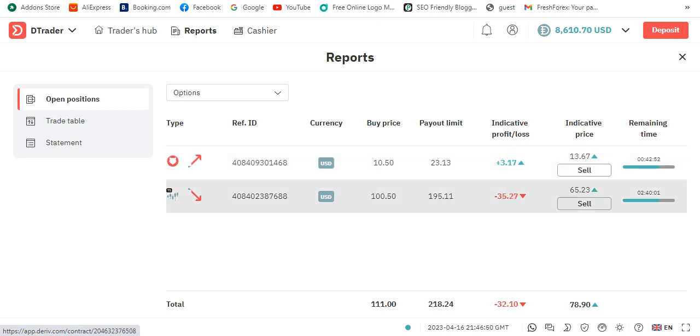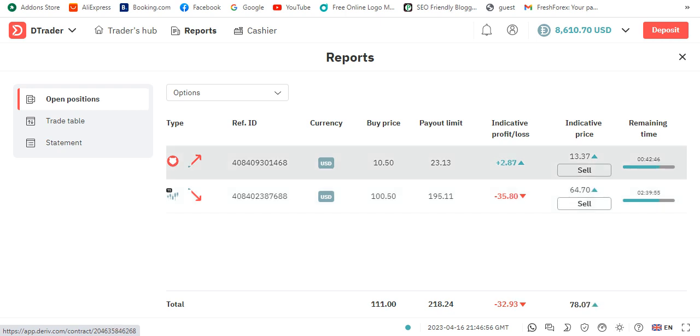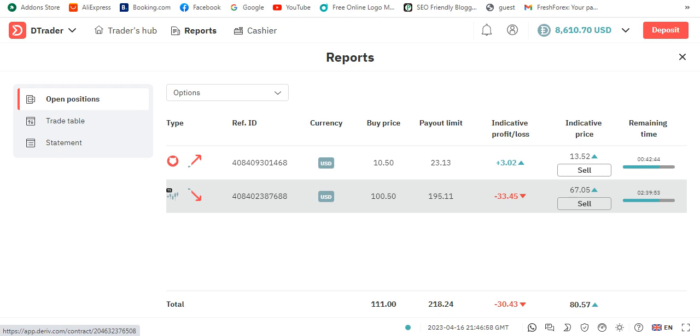This market is now running for a very long time. I still have 2 hours 30 minutes, so anything can still happen, and I entered this market with $100, so I'm not bothered. With just a little move, this can enter profit level instantly.